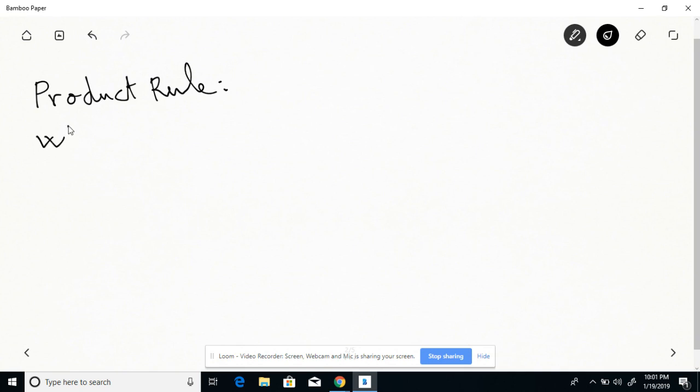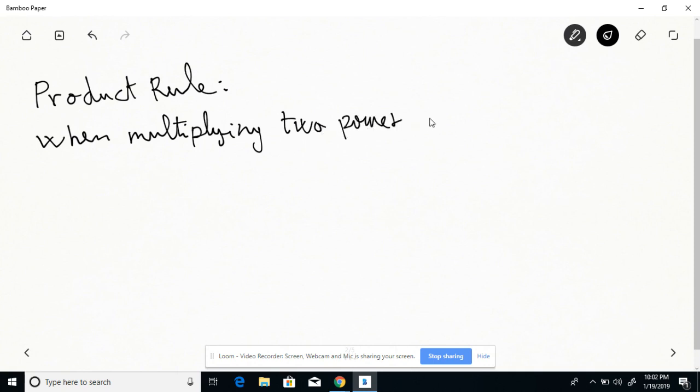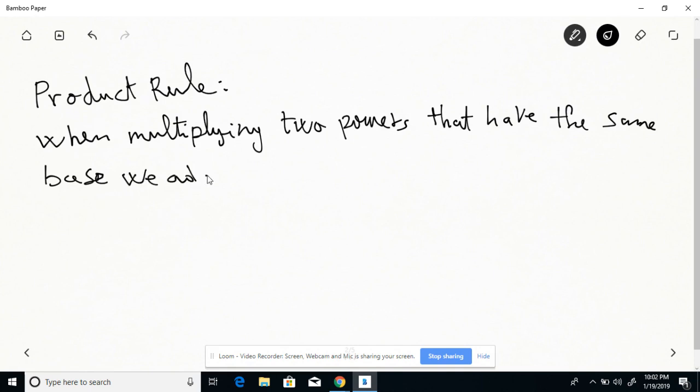So this rule says when multiplying two powers that have the same base, we add the exponents.